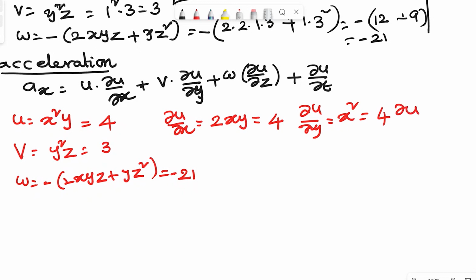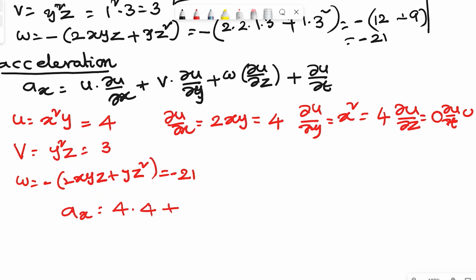Then dou u by dou z is equal to 0. Dou u by dou t is also equal to 0.